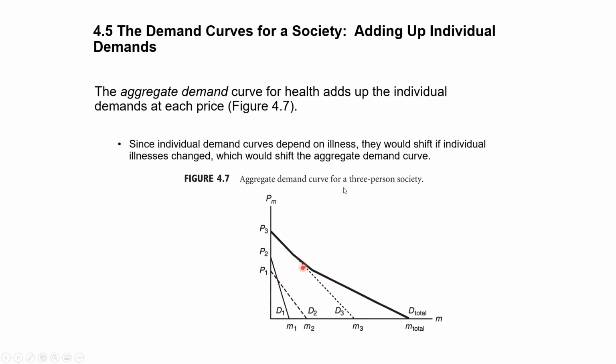We see at price number 2, where person one's demand begins to add in, and again at P1, where person two's demand also begins to add in. So this is just a reflection of the additional impact when you add more and more people to the demand curve.